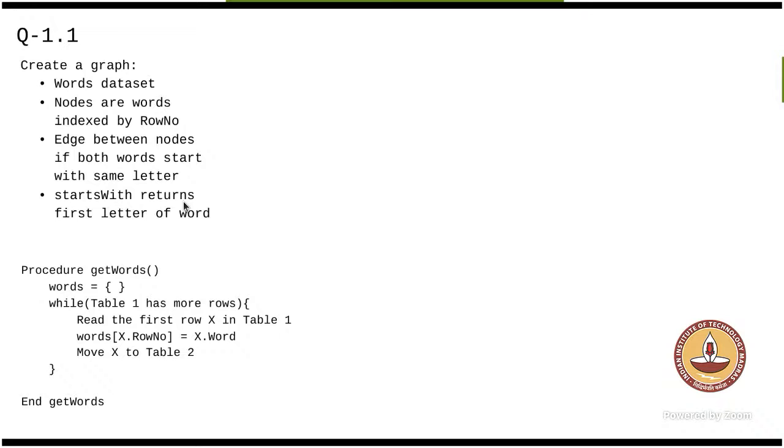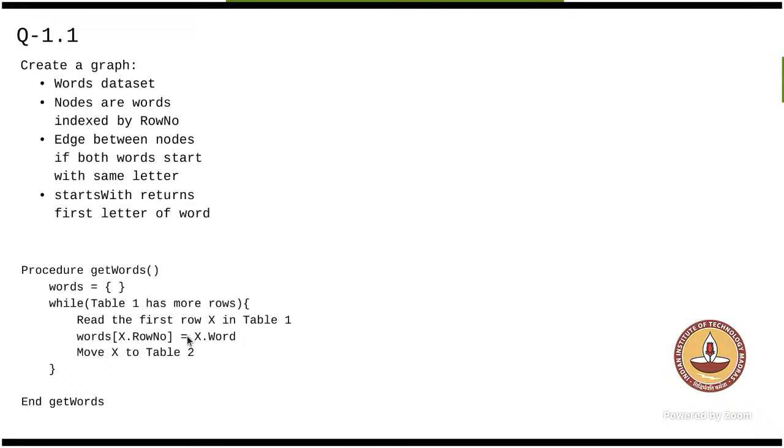For that particular index, just take the first of explode of word. Explode of word will return the list of the letters of that word, and I will just take the first of that and store it as the value for that index. Yeah, fair enough, right? So I have used this as starts with. I'm saying that there is a procedure called starts with. Okay.